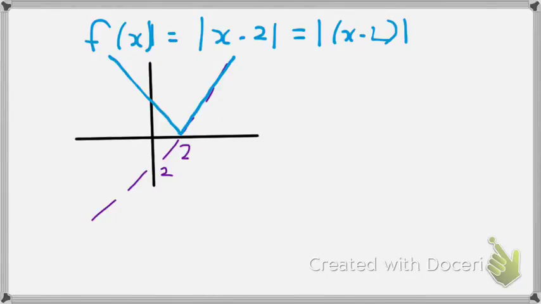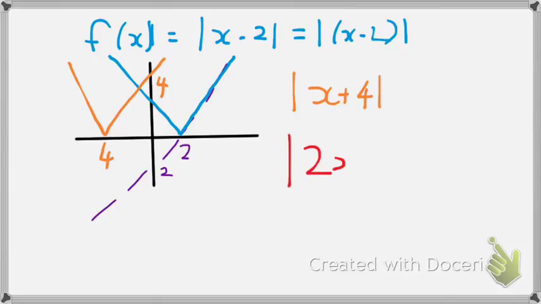Right. So similarly, if I asked you to sketch the absolute value of x plus 4, then that would look something like this. That's 4, and that's 4. If I asked you to sketch the absolute value of 2x minus 3, so that's the absolute value of 2 brackets x minus 3 over 2.